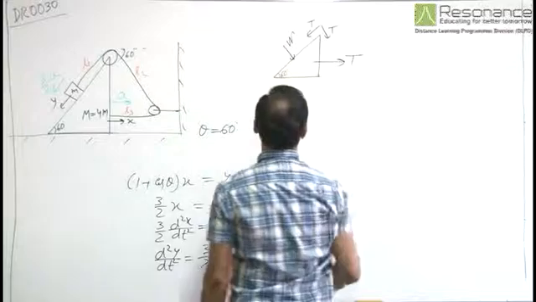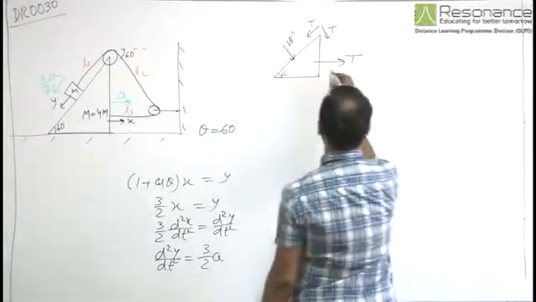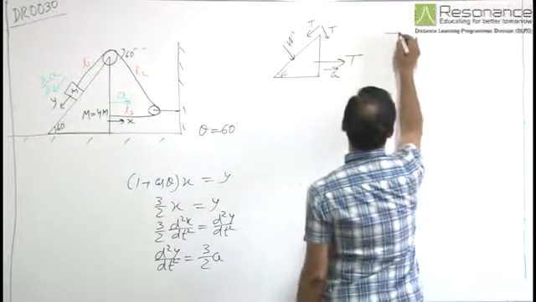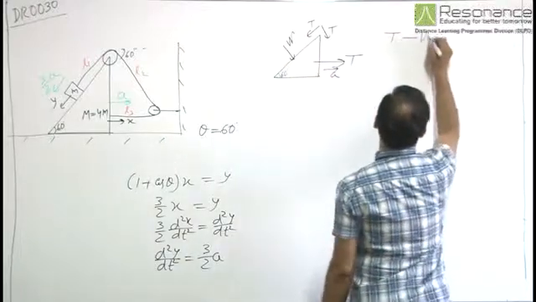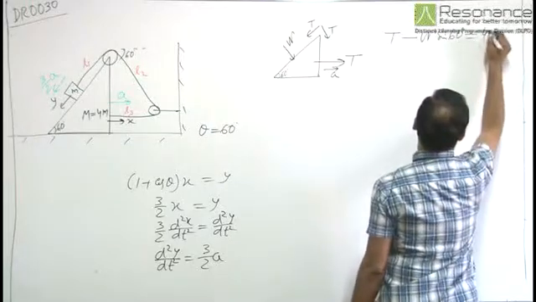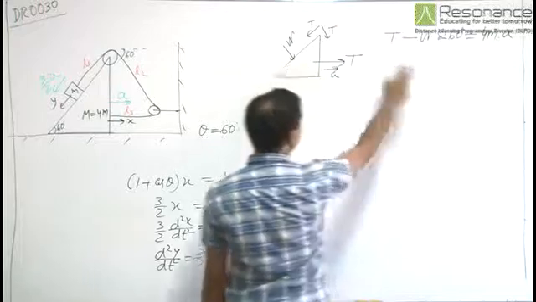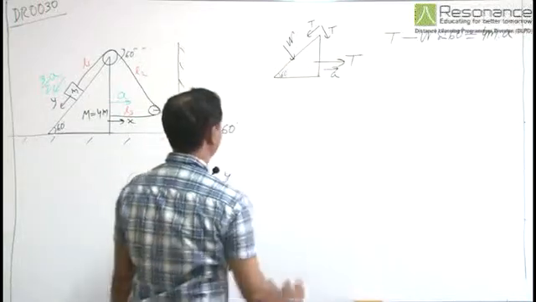This angle is given to be 60 degree. So for this particular wedge, we can write T minus n sine 60 is equal to 4m into a. This is the equation for the wedge.